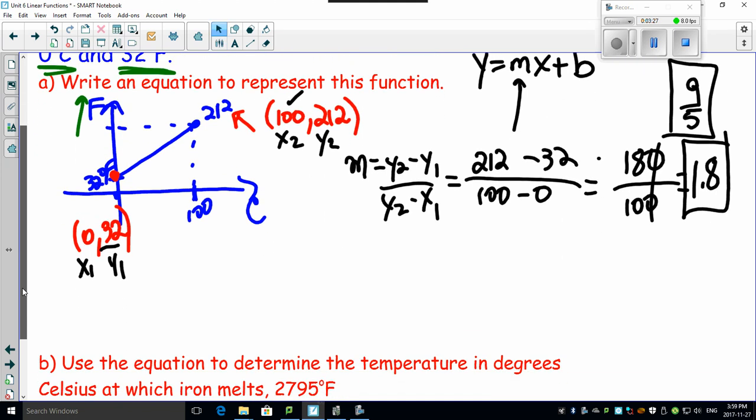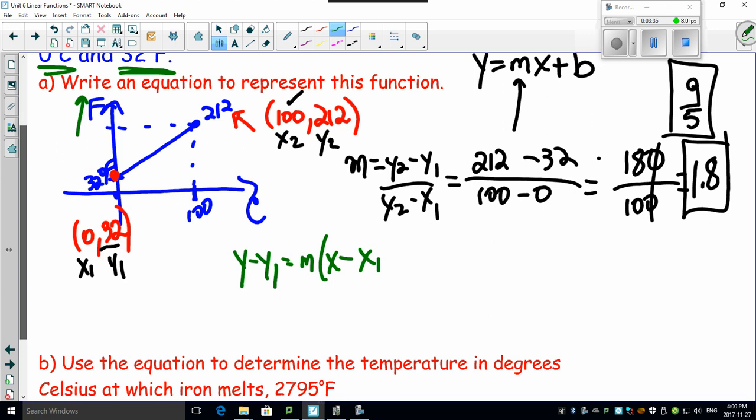Now, let's develop the rest of the equation. The rest of the equation is based on y minus y1 equals m times x minus x1. Let's do it that way. Pick a point. Easiest point in the world, I would choose this one. Why? Because it's got a 0 in it. Yahoo!